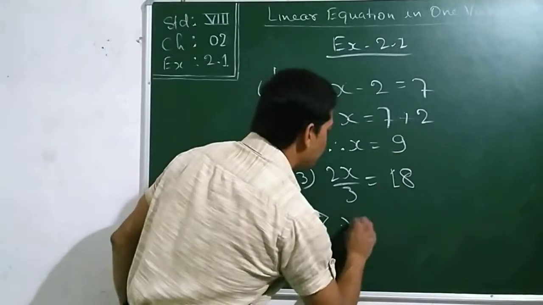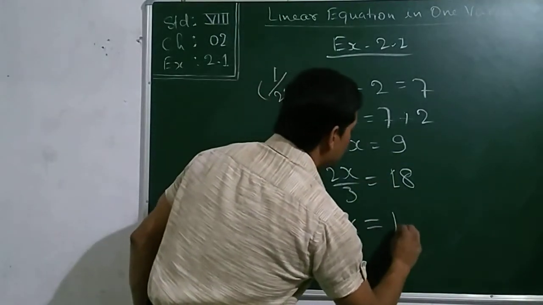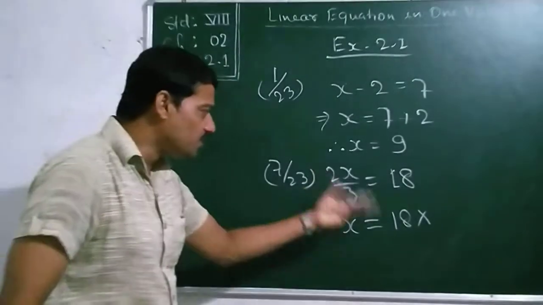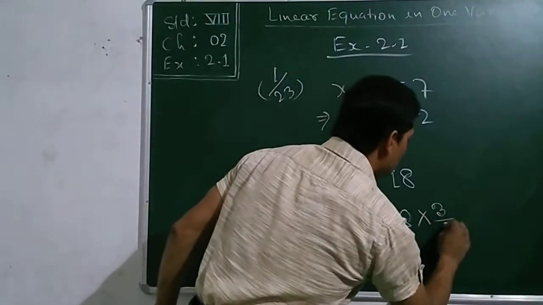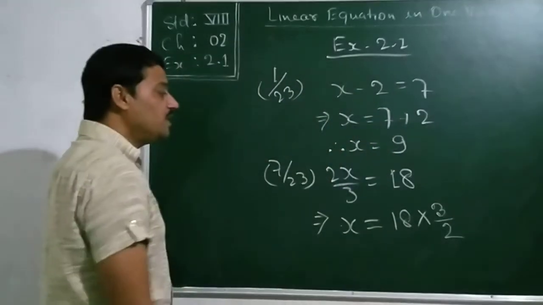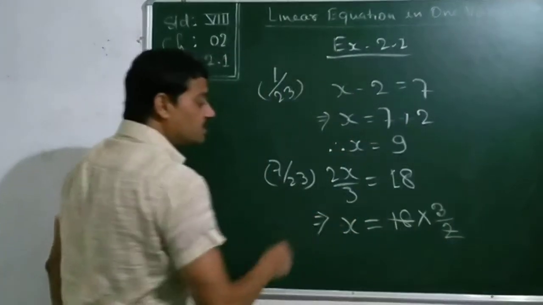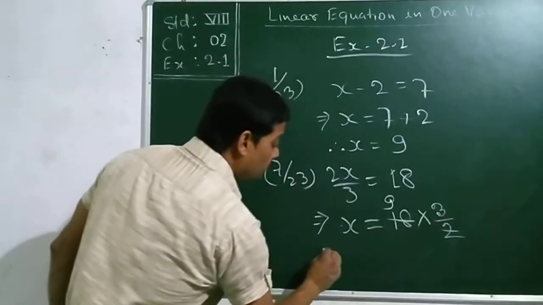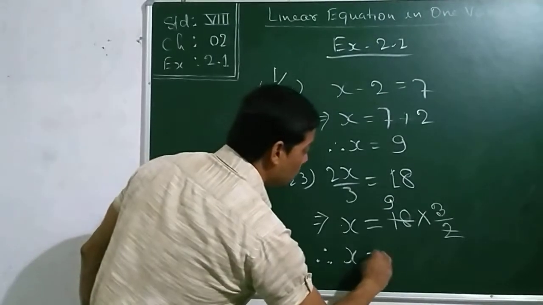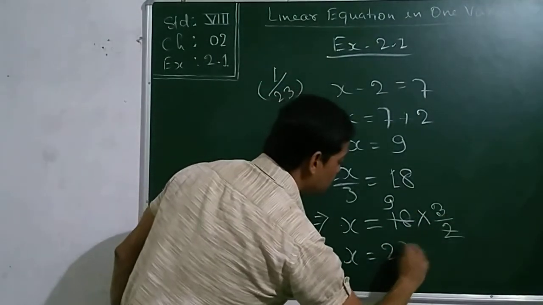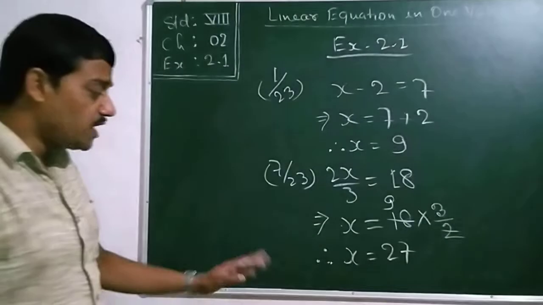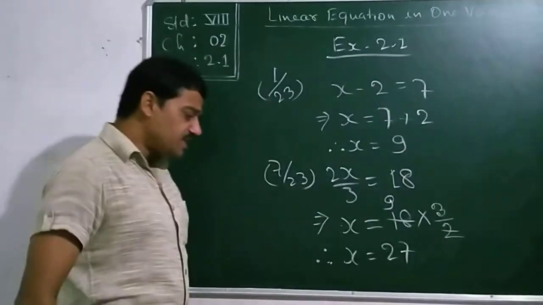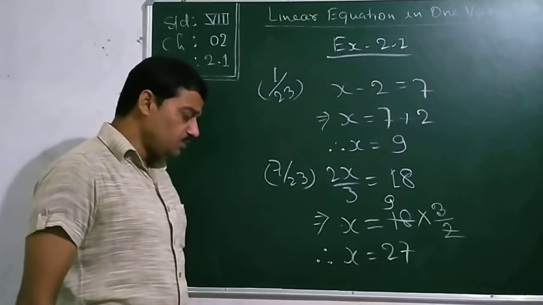You can directly write here x equal to 18 into 3 by 2, as both of the numbers are transposed now. Now reduce it to the lowest form. 2 9s are 18, and finally we can write x equal to 9 3s are 27. In this way you can solve. I think the remaining sums are easier for you.